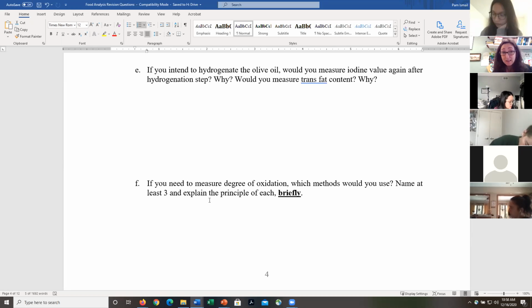I can measure hexanal for secondary oxidation. I can measure TBARS, thiobarbituric acid reactive substances. Just remember it as TBARS if you want, again for secondary metabolites. And remember a brief principle of each. Any questions there?